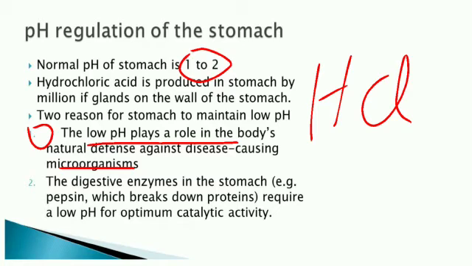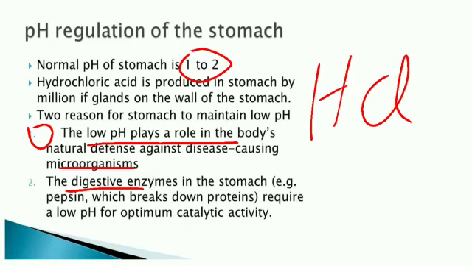The second important reason is that it helps to activate the digestive system in the stomach. As you know, our stomach contains the enzyme pepsin, and pepsin helps in the breakdown of proteins. It breaks down the protein into amino acids.